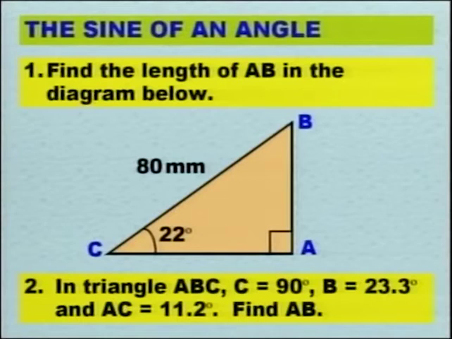Sine ratio. The side opposite the angle that you are looking at, and the hypotenuse. No, this one is adjacent. So long as it's the side that is opposite to the angle, it must be the side opposite to the angle and the hypotenuse. But this one is not. No, you can't.